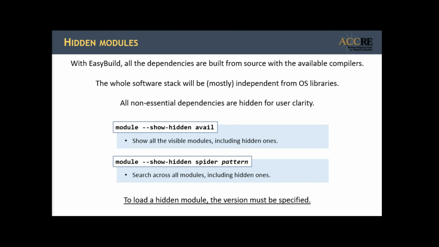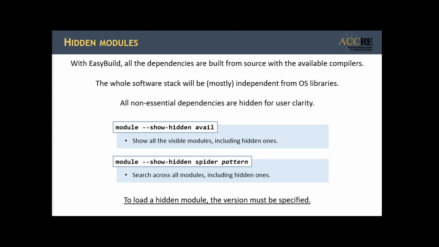Since we are using EasyBuild, one of the biggest advantages of EasyBuild is that it also builds all the dependencies. So all the software that you're going to see under Lmod is not going to depend on the operating system libraries anymore. As you have seen, for example, before with Python and libreadline, until now, libreadline sits on the operating system.